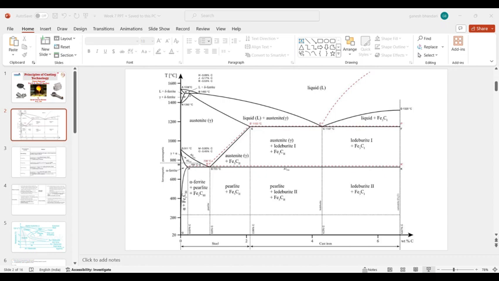Chromium is generally for corrosion resistance properties, and nickel for stabilizing the austenite region, because we need high ductile properties and high strength. So we have to stabilize the austenite temperature, so we can easily get the austenitic stainless steel phase.